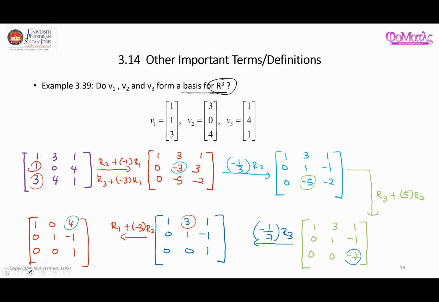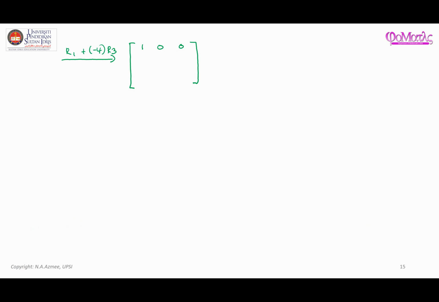So here I will have 1, 0, 0. You can see 1 and 0 is 1, 0 and 0 is 0, 4 minus 4 is 0. So the first line here will be 1, 0, and 0.